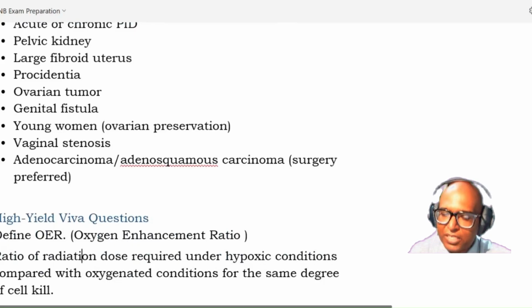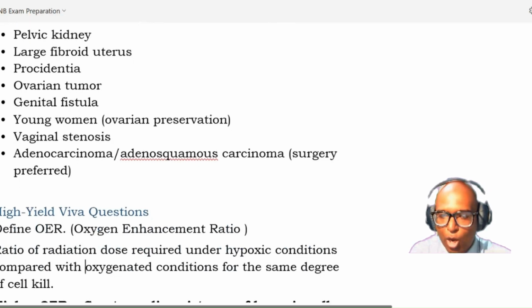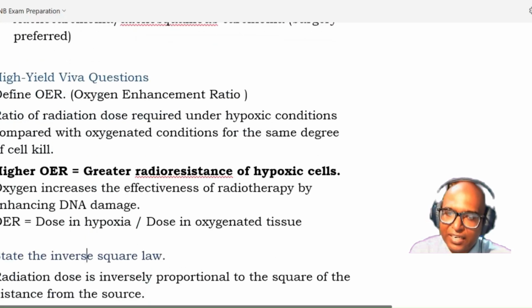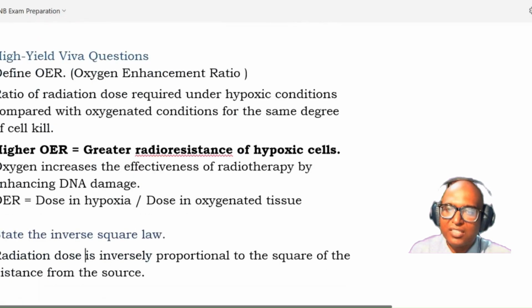Okay, so how much radiation is required to have the same tumor cell kill under hypoxic condition versus oxygenated conditions. Higher OER equals greater radioresistance of hypoxic cells. Oxygen increases the effectiveness of radiotherapy by enhancing DNA damage. So OER equals dose in hypoxia divided by dose in oxygenated tissue.